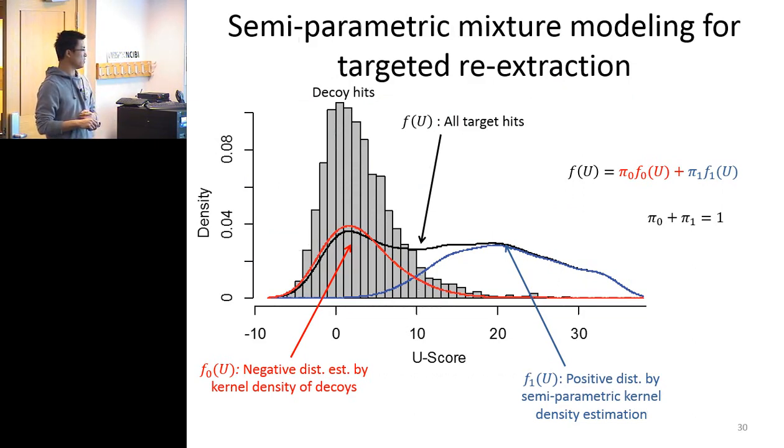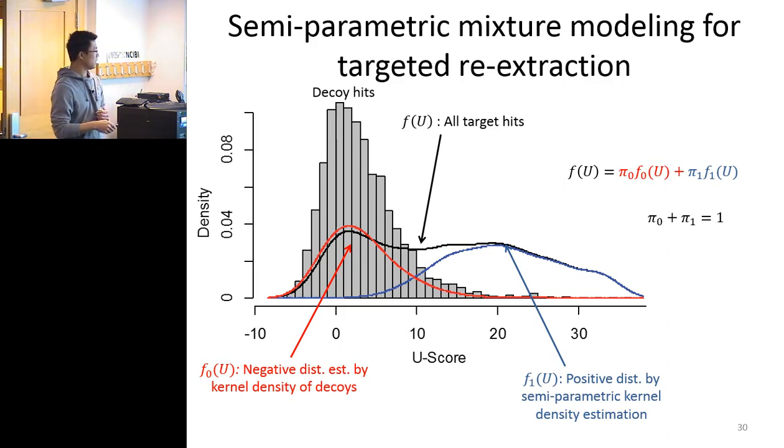And this black one is the distribution of all the scores that we can get. Then we can assume, okay, for all the scores here, some of them are correct, some of them are incorrect. Then we can use this gray one to model the incorrect distribution, and the rest should be the correct identifications.